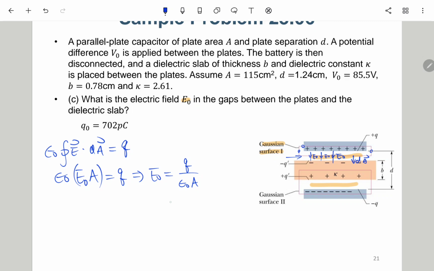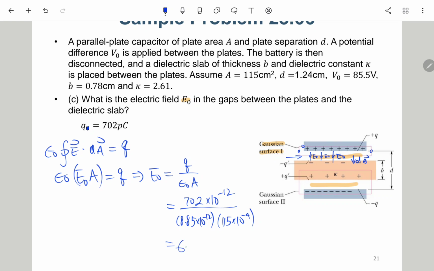Okay, so we can plug in the values. This is Q only, so 702 pico, 10 to the negative 12, 702 times 10 to the negative 12. Then epsilon naught is 8.85 times 10 to negative 12, and A is still 115 times 10 to negative 4.